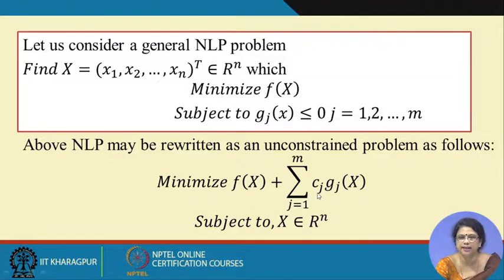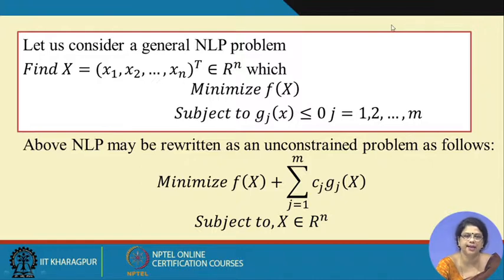Once we consider the Lagrange method, through the Kuhn-Tucker conditions, we know we can get the solution for this problem. But the interior or exterior penalty function methods do not consider Gj(x) directly, they consider a function of Gj(x).